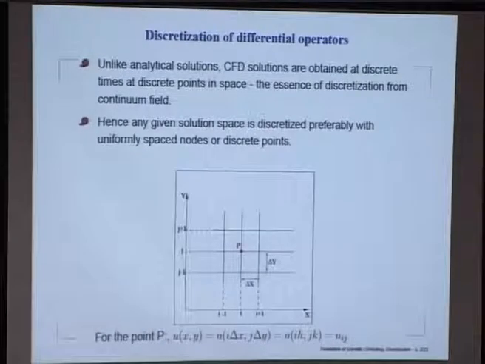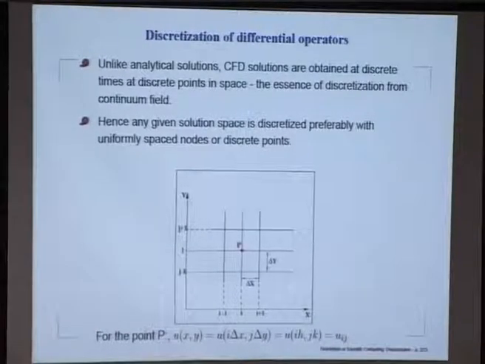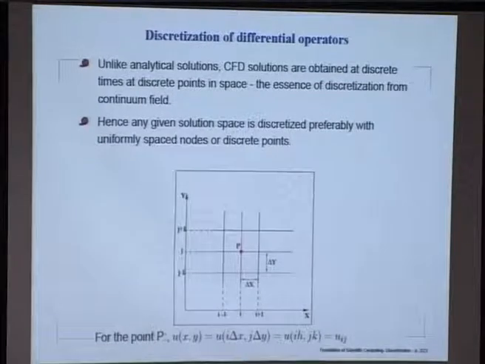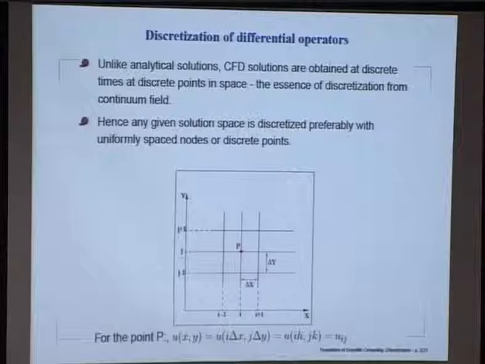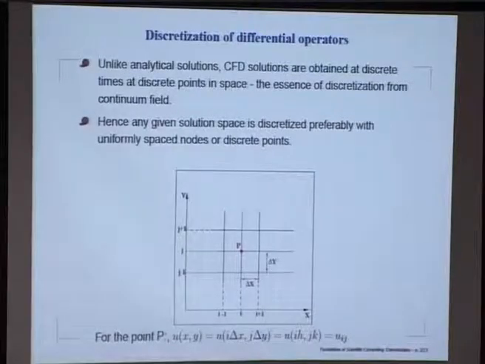So, we write for the point P in a computational framework. We will not be writing it in that continuum description of continuous variation in x and y. Instead, we will say that this is at the ith node, so x is i times delta x and y is j times delta y.